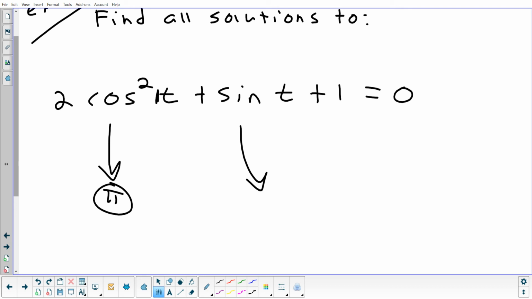Now sine, this is technically sine to an odd power. It's sine to the first. It's the same one you're used to using for sine all the time. What's the period of basic sine function? Yep, 2 pi over b. In this case b is 1 again, so the period is just 2 pi.